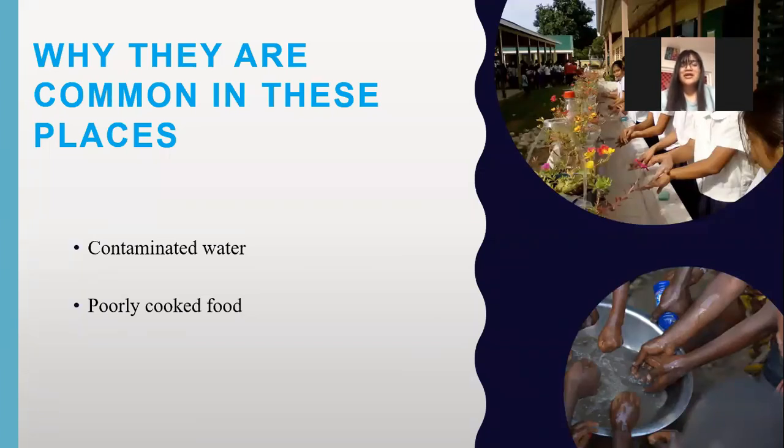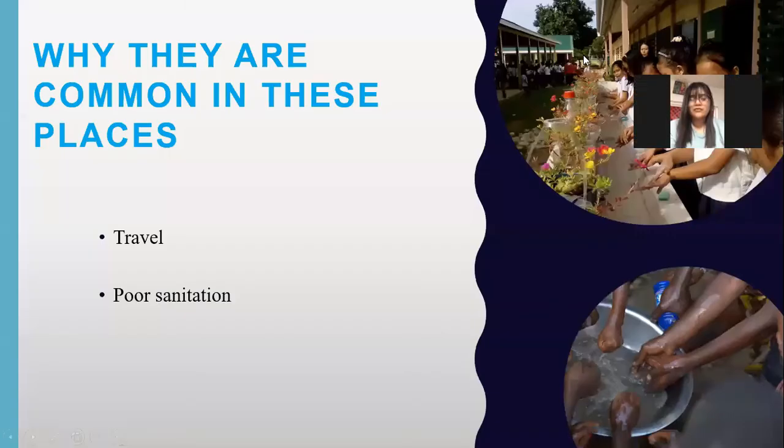Drinking and bathing in contaminated waters, as well as eating poorly cooked foods containing these pathogens, lead to a higher percentage of contamination. Traveling to countries with poor sanitation may spread the pathogen further on to others in well-developed countries as well.